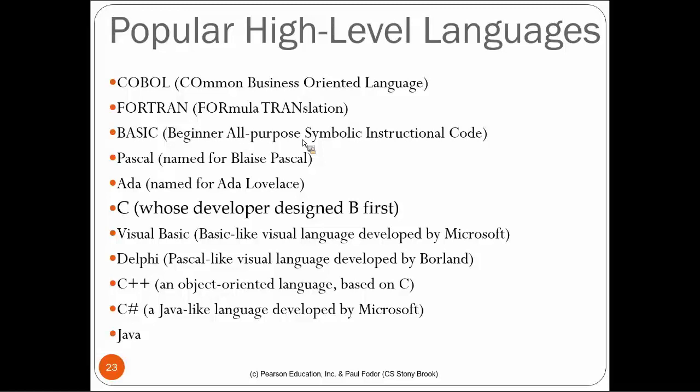Pascal was one of the most important languages developed. C was the first programming language developed specifically for implementing large programs like operating systems, and from C we evolved to C++, an object-oriented language based on C, and Java and C# and Python and so on.